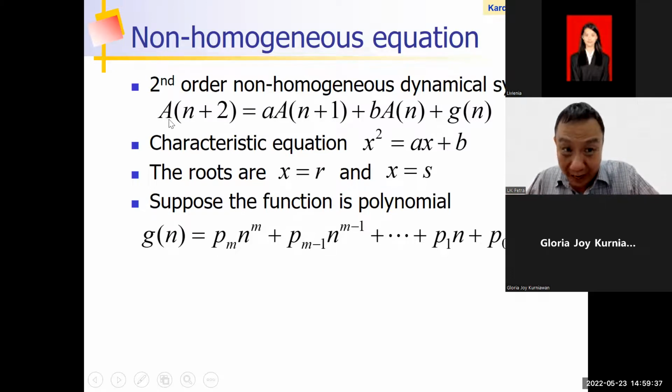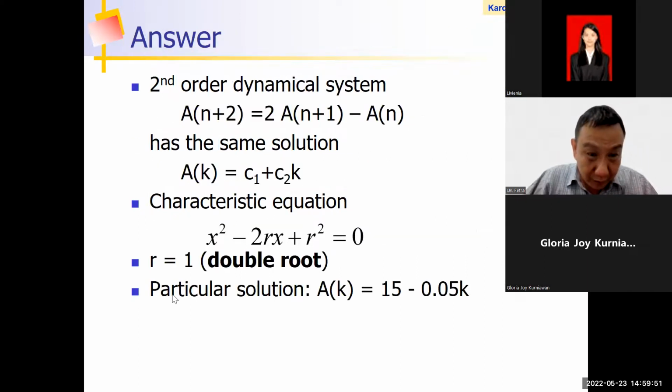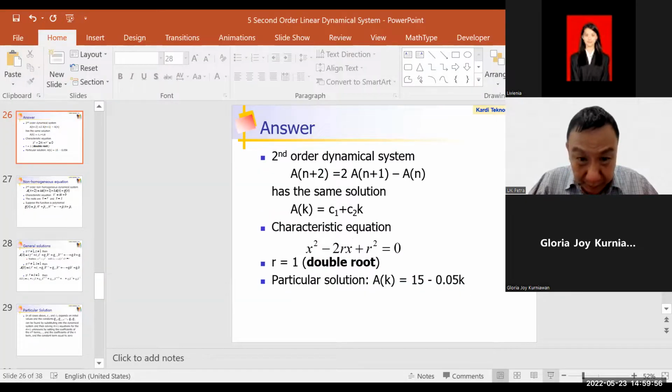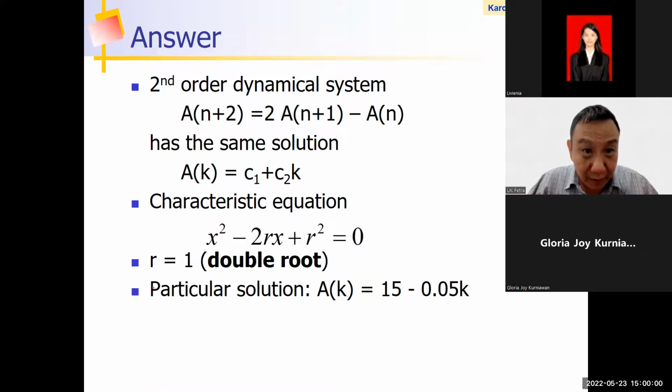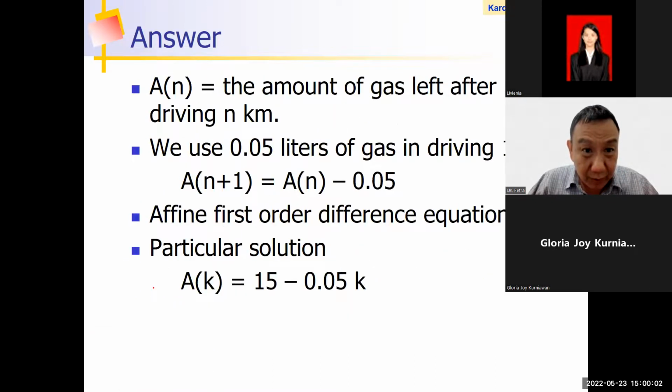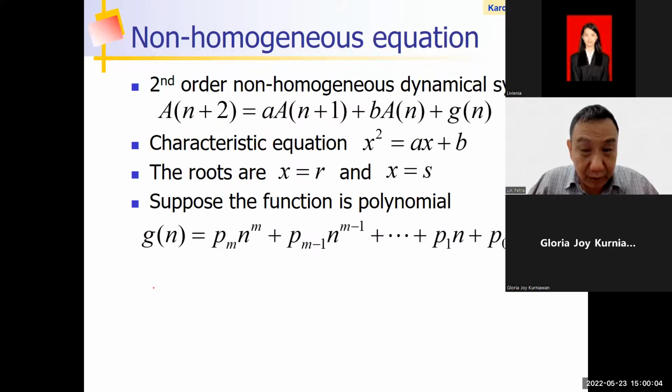The one that I put A here, in the next slide becomes Y. So this is the same as Y n plus 2 equal to A. In the next slide it is exactly the same, but I put a different name.